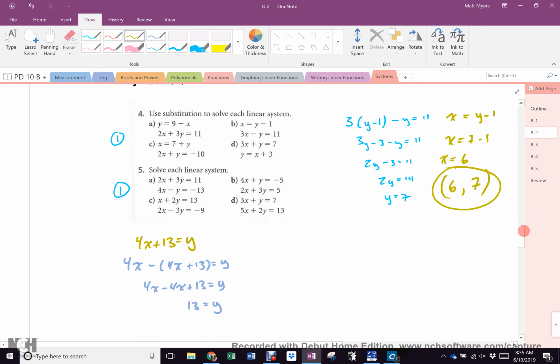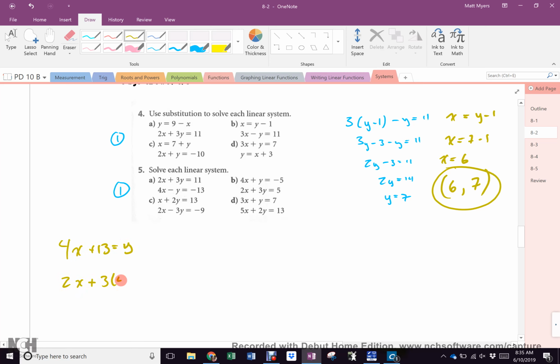Wait a minute. 4x plus 13 equals y. There we go. 2x plus 3 times 4x plus 13. 11. 2x plus 12.